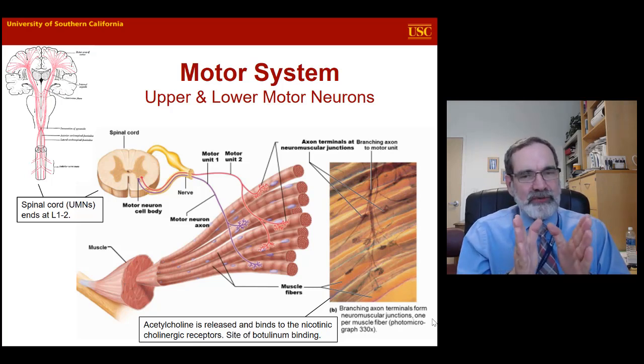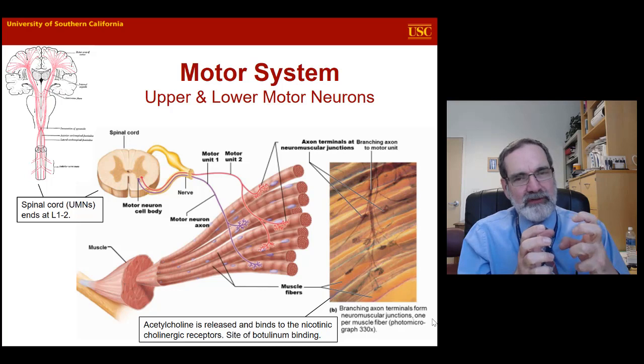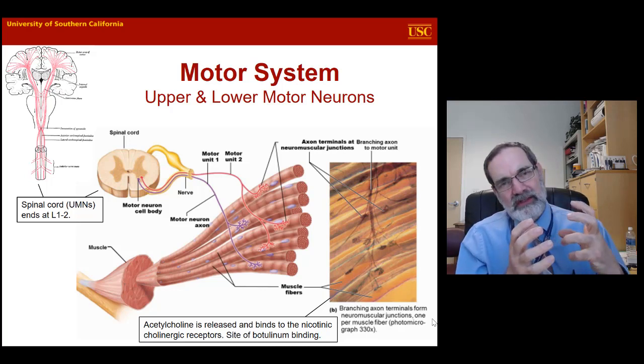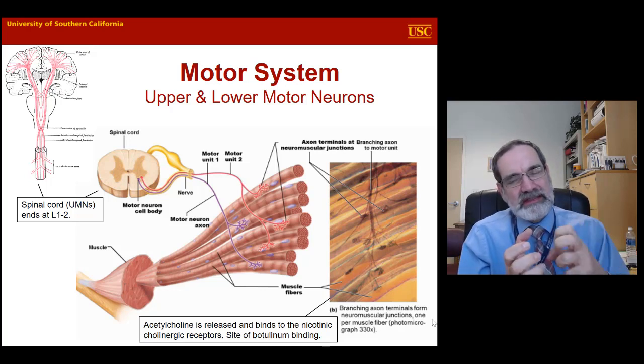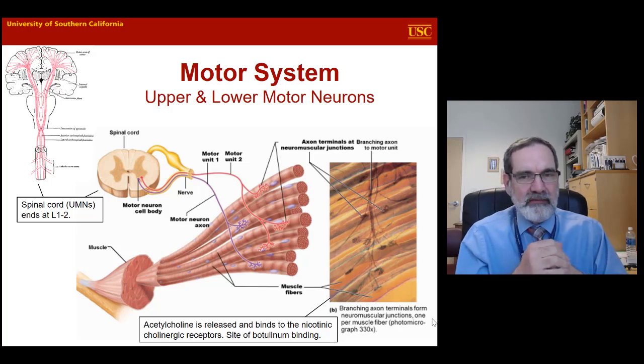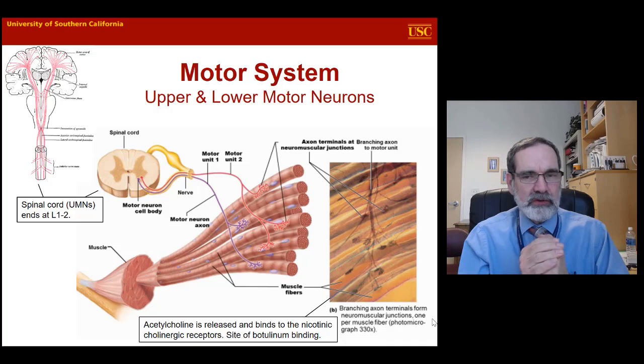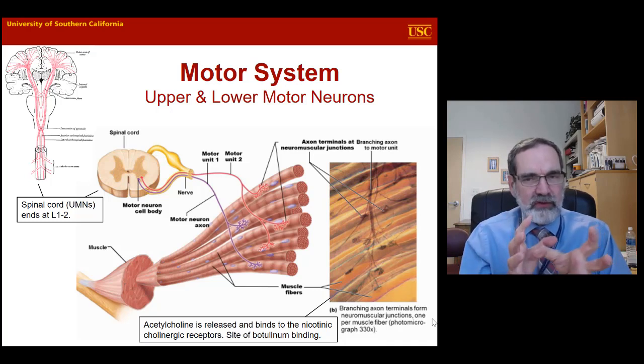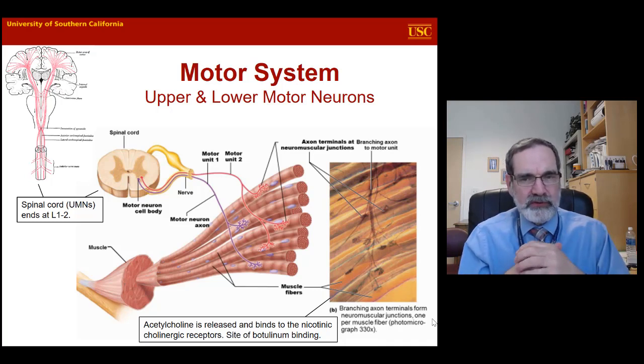Like other synapses, the nerve releases chemicals across that synapse that bind to the muscle side. The main chemical released here is acetylcholine. Acetylcholine is released from the nerve terminals and binds to nicotinic cholinergic receptors on the muscle fiber.